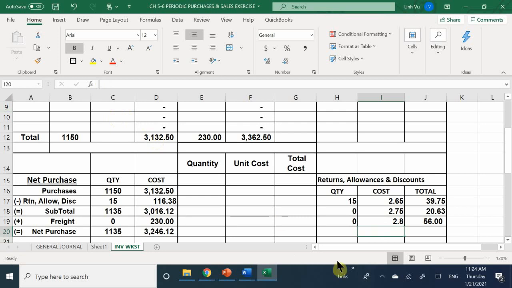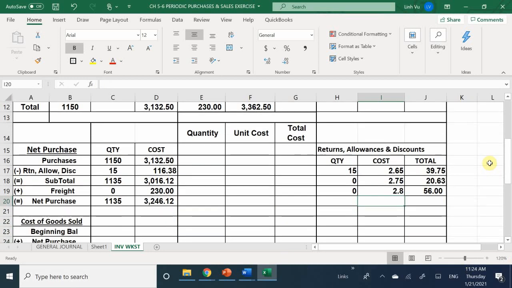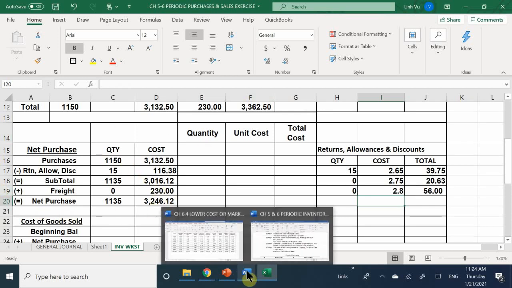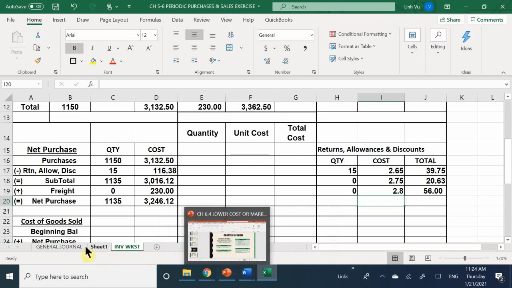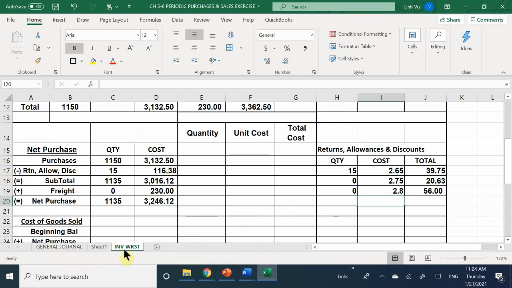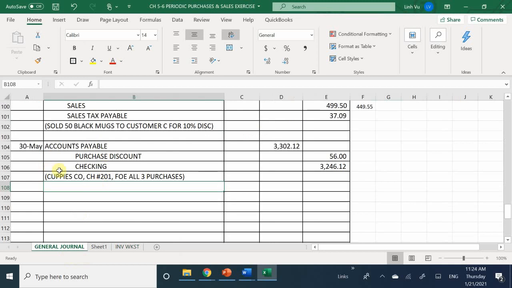So now that I have to include that $56 of purchase discounts, this has changed my numbers drastically. Let me go ahead and look at my journal real quick. Okay, so here we've got purchase discounts for $56. So how much is the actual total cost of my inventory this time?